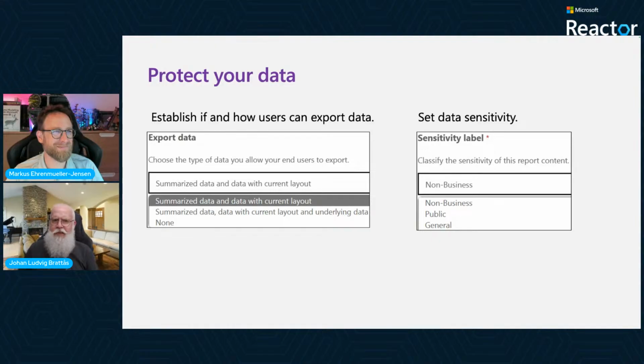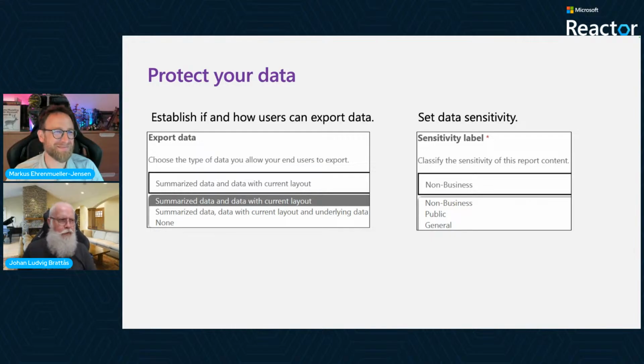And sensitivity labels are an essential part of data governance. There are several ways, of course, of doing this. You have Purview that enforces sensitivity labels, but we're talking about Power BI here, so let's look at the Power BI part. You can apply sensitivity labels to classify and protect your Power BI content.